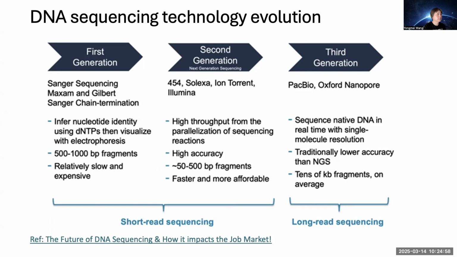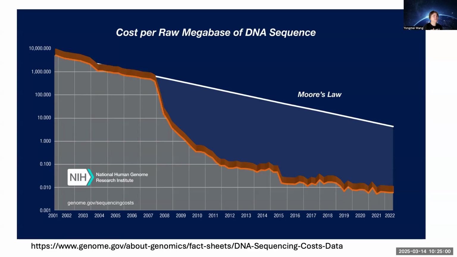So I'm going to show you the next slides where I'm showing you how much it costs to sequence the DNA, the price change. In 2000, the cost per megabase of DNA being sequenced is around $10,000.